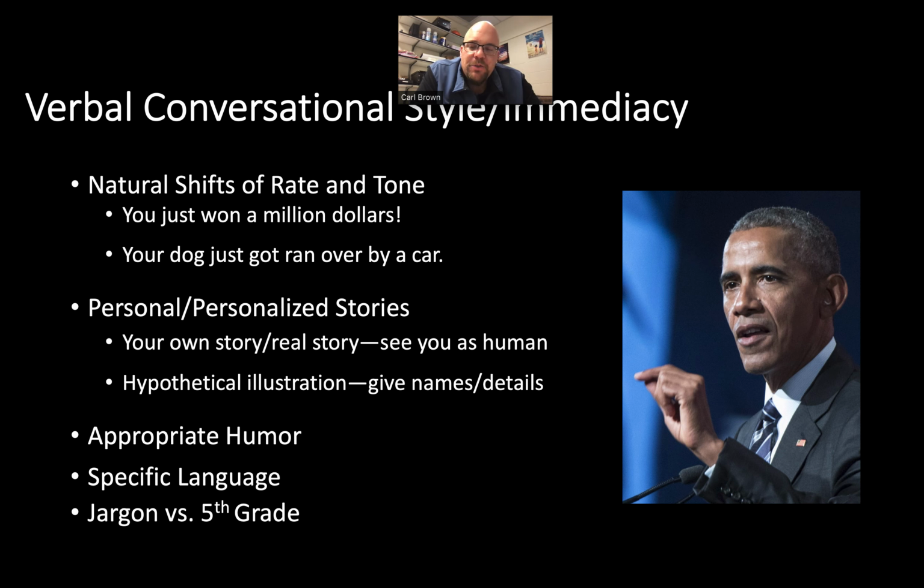Personal and personalized stories. Stories are great for persuasion because they give a storytelling element here. We're learning something, we're envisioning something, and now our brain is engaged in ways that allow us to be persuaded. If you have an actual story that's yours and you don't mind sharing it and it fits, that's best. If you don't, try to find a real story and then say who it's about.